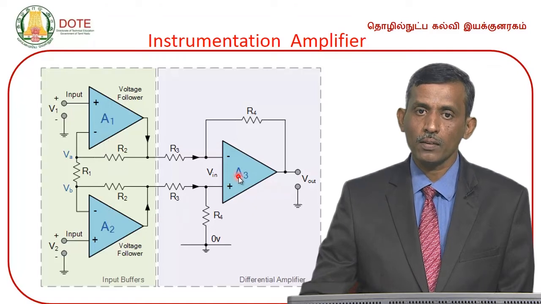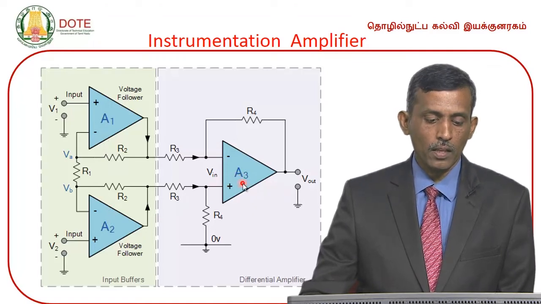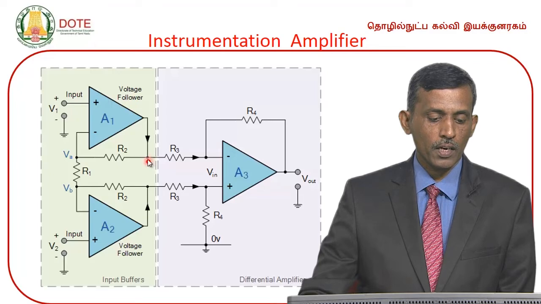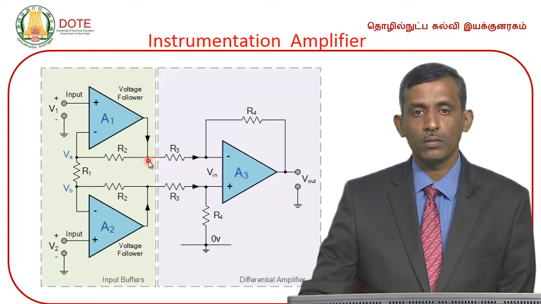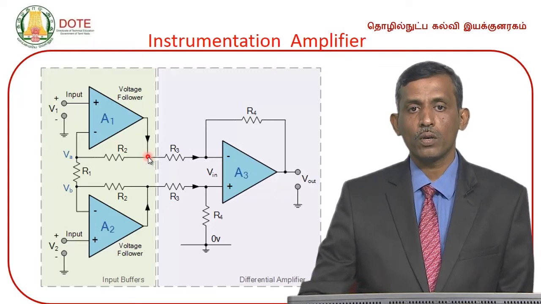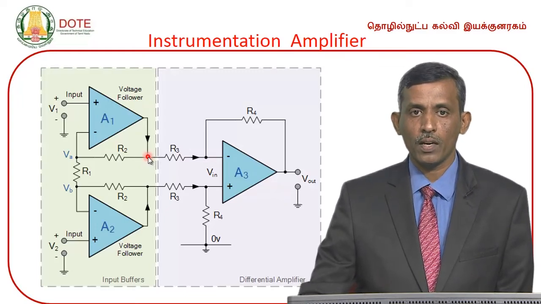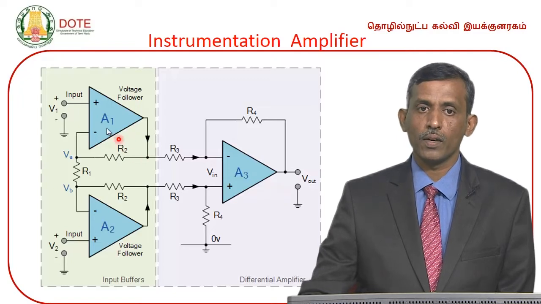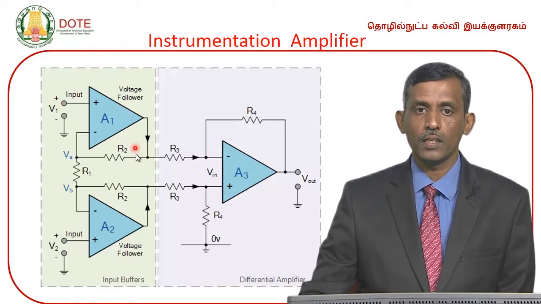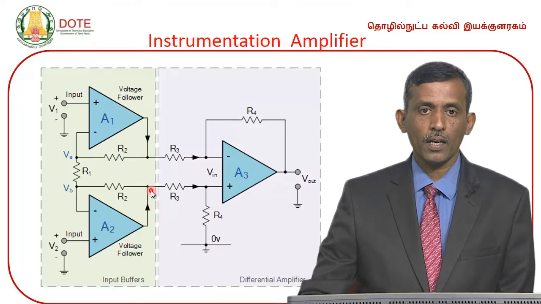What about A3? See here in A3 there will be a potential here. இங்கே ஒரு voltage இருக்கும், இங்கே ஒரு voltage இருக்கும், because this is the output of the A1 non-inverting amplifier. So, some voltage will appear here according to the gain of this device. இங்கே gain into input voltage இருக்குது. அதே மாதிரி இந்த இடத்துல gain into input voltage இருக்குது.